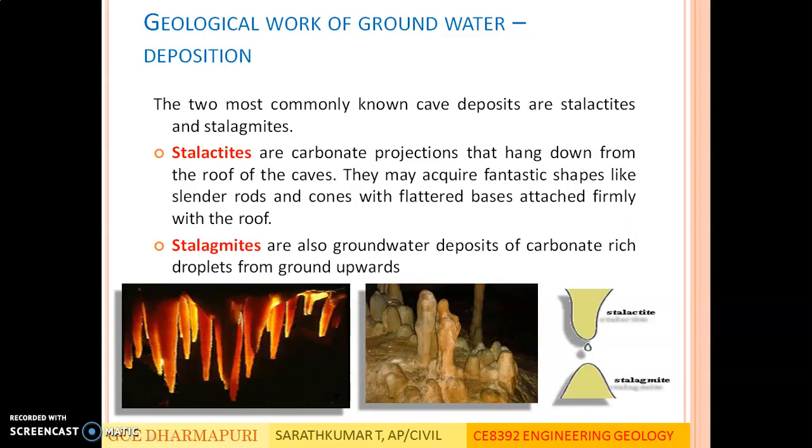So a stalactite is vertically downward, attached to the roof; a stalagmite is vertically upward. These are shown in the figure. The first figure is an example of stalactites, the second is an example of stalagmites, and the third shows both stalactite and stalagmite pictorially.